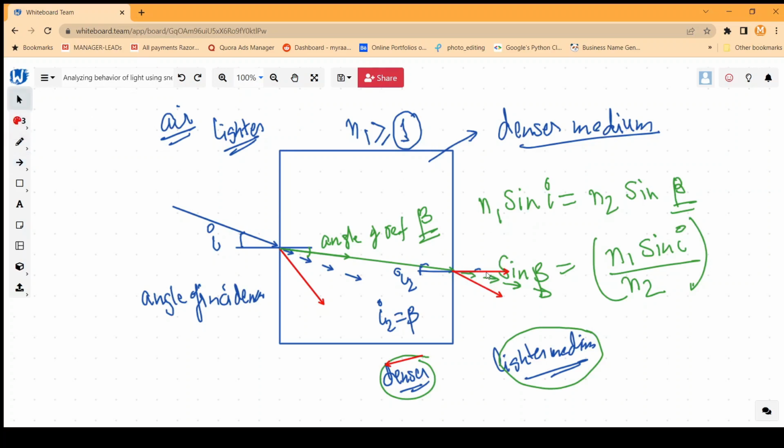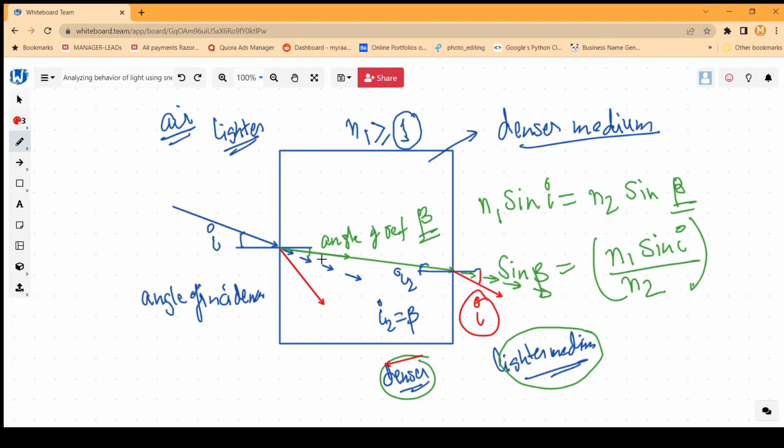Okay. So let's delete this one. Now you will also observe that this is parallel to this one because of the law of reversibility. So if we were to put the light ray from here, it is going to trace back the path and go like this. So this angle is going to be equal to i, same as the angle of incidence, right?